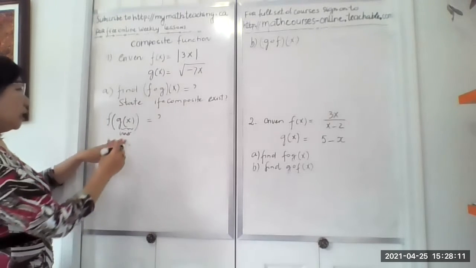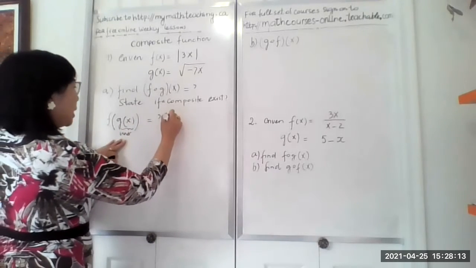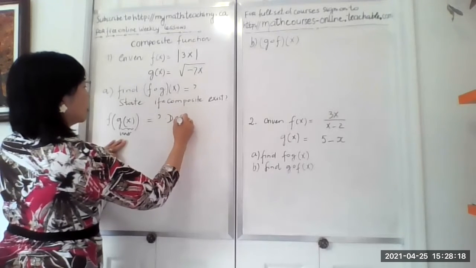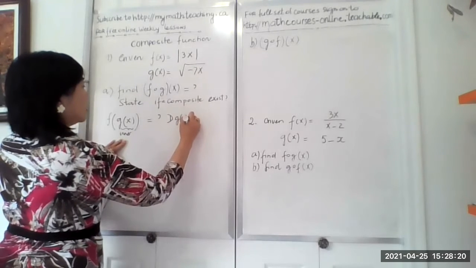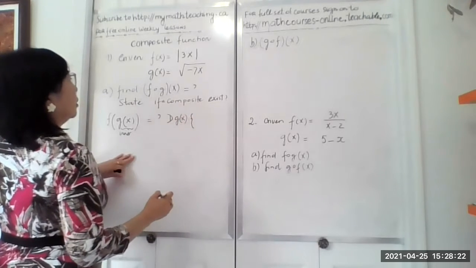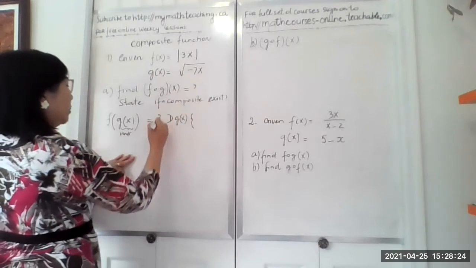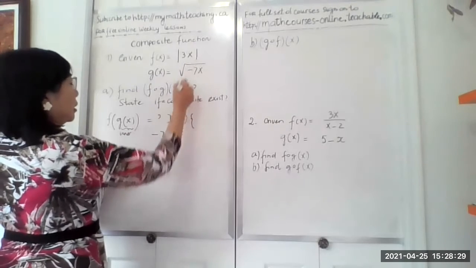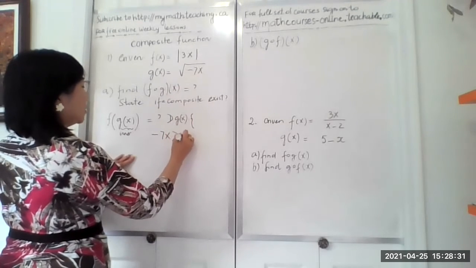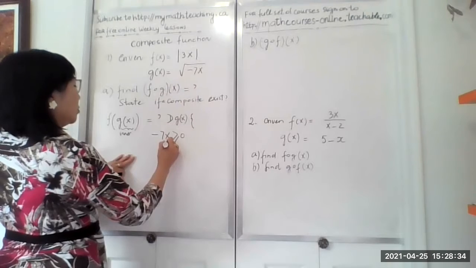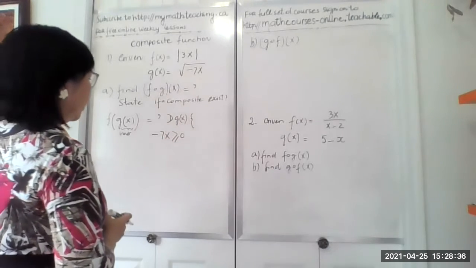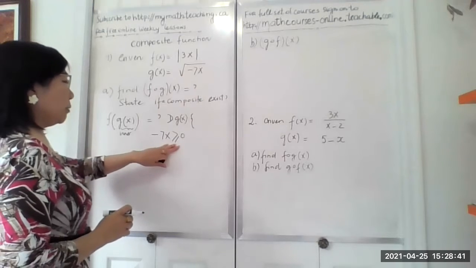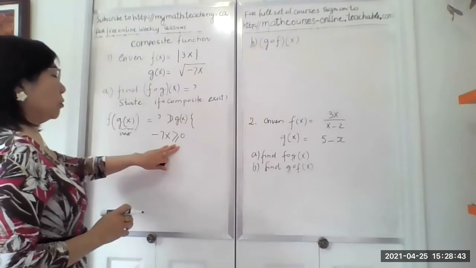So first, let's find the domain of g of x. We have to know that minus 7x has to be bigger than or equal to 0.